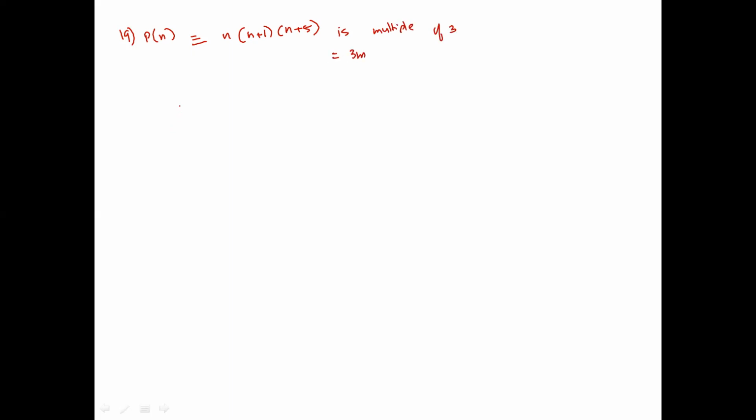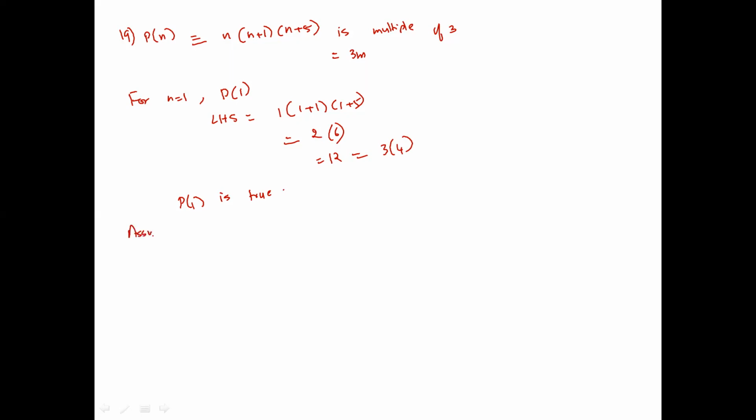First for n equal to 1, P of 1: LHS is 1 into 1 plus 1 into 1 plus 5, that is 2 into 6 or 12. And this is easily a multiple of 3, so P of 1 is true.